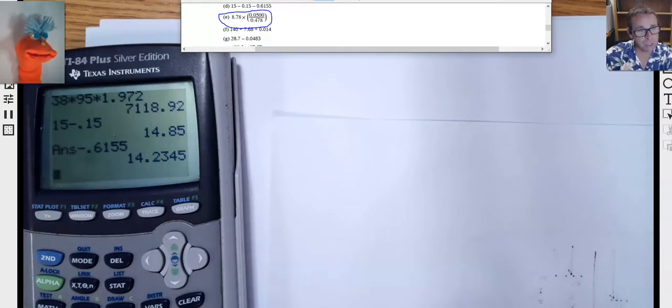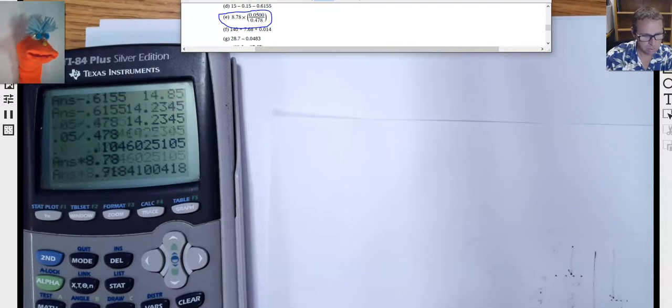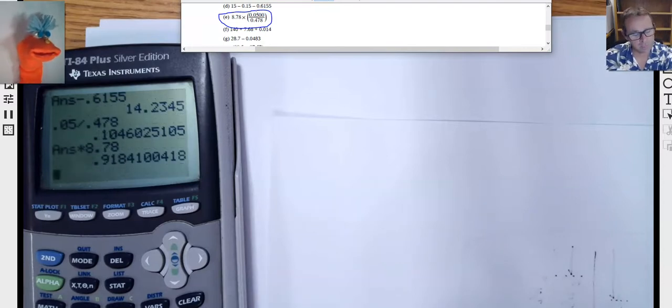So the order of operations says I should do what's in the parentheses first. So I have 0.05 divided by 0.478, times 8.78. Okay, so there's my answer, and I'm going to have 3 significant figures, so it's 0.918.